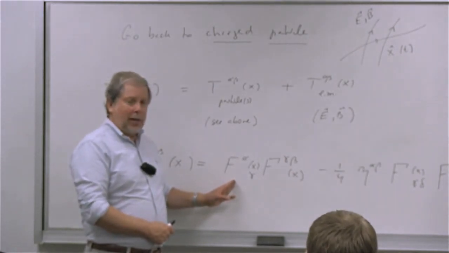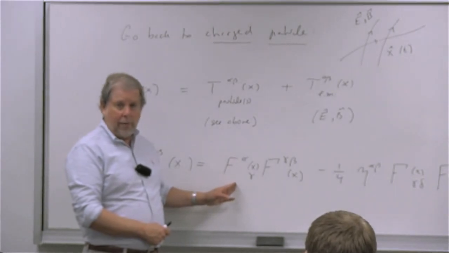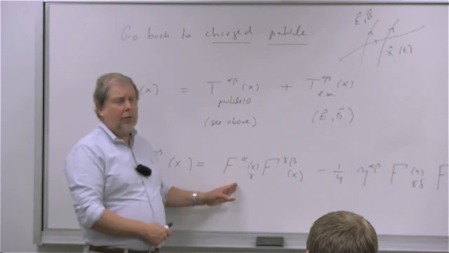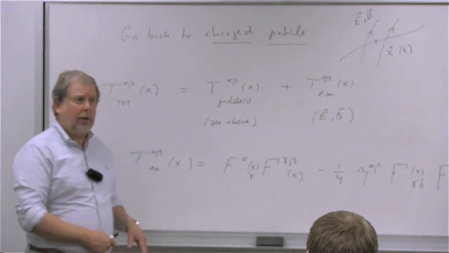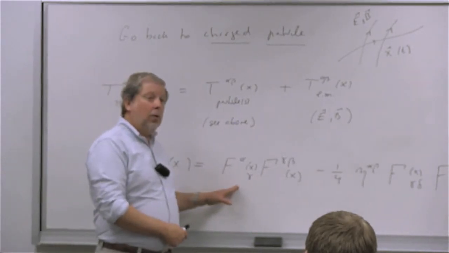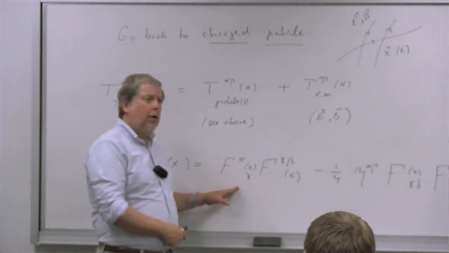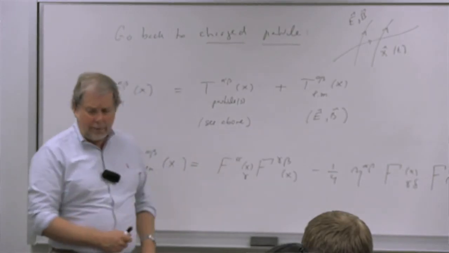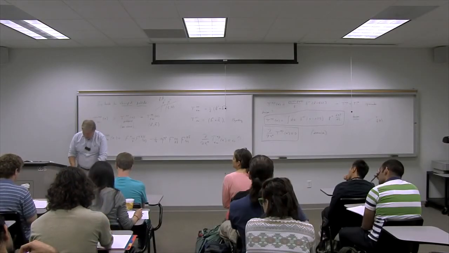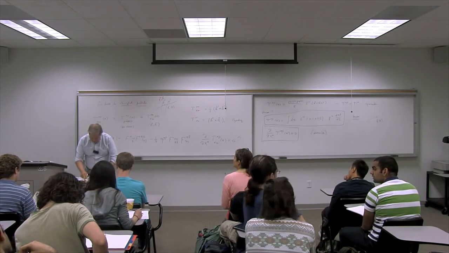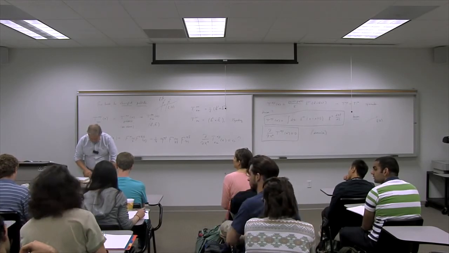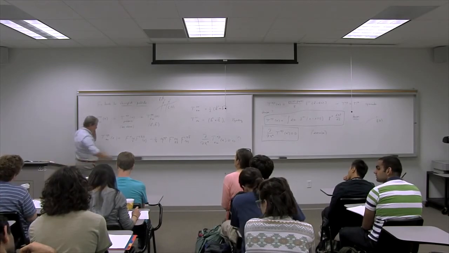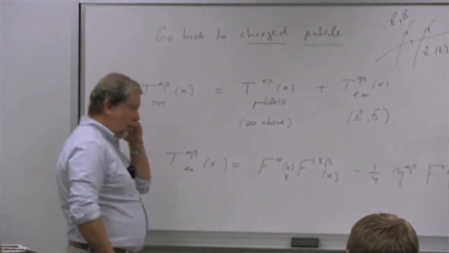But that is, of course, precisely what you have from Maxwell's equations, from the equations we had before about the divergence of F being equal to minus j, for example, and then the second homogeneous equation as well. So there's a little bit of algebra that you have to do here, but you can in fact show that, again, this is the right combination, and that this combination is also conserved.